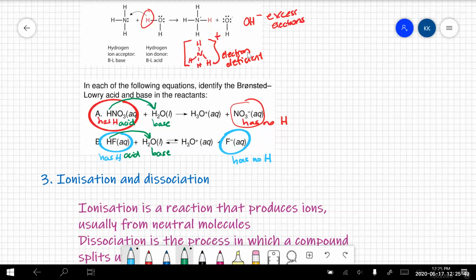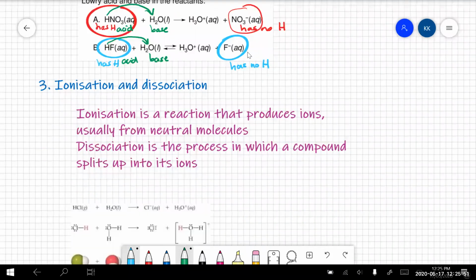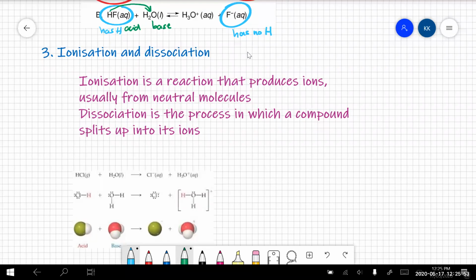Okay, some definitions: ionisation and dissociation. Ionisation is a reaction that produces ions, usually from neutral molecules, whereas dissociation is a process where a compound splits up into its ions. Now, unfortunately, in the topic of acids and bases, we tend to see these two words used interchangeably, but I want you to rise above that common error of interchanging those terms.